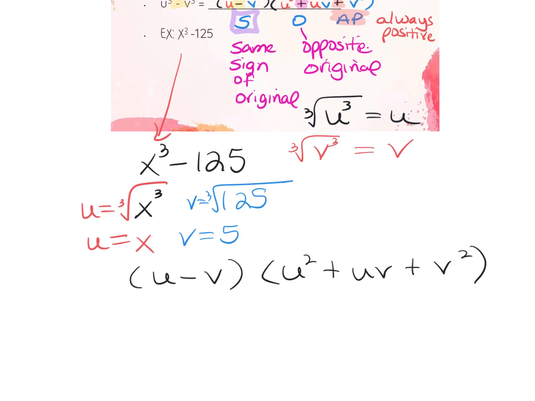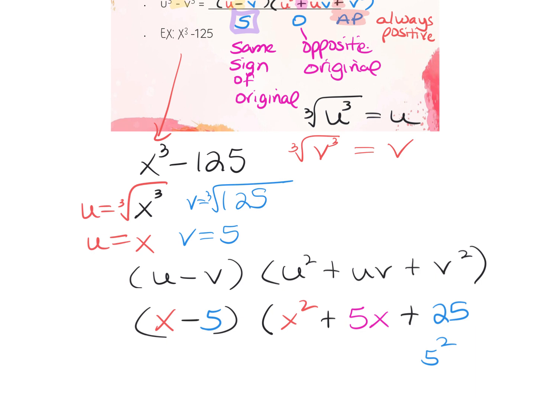My u value was x, my v value was 5. I'm now going to square the x, that's my u, so x squared, and then u times v is going to give me 5x, and then always positive, the 5 squared becomes 25. So this is 5 squared.